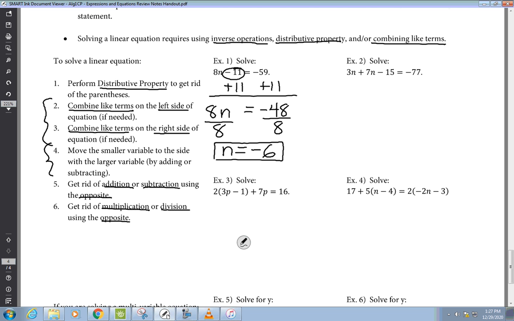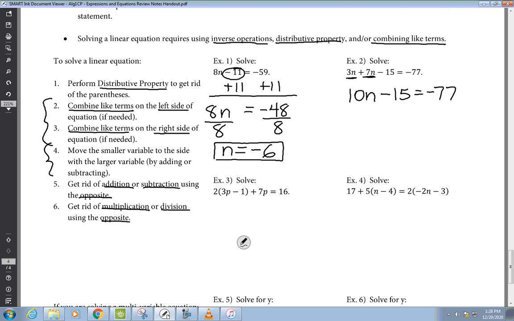Example 2. So example 2, we don't have any parentheses, but we can combine like terms. So 3n plus 7n is 10n. So 10n minus 15 equals negative 77. There's no more like terms.